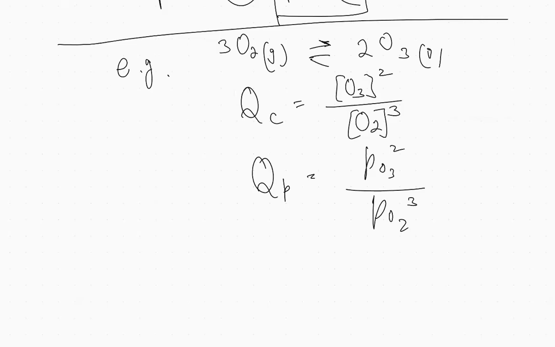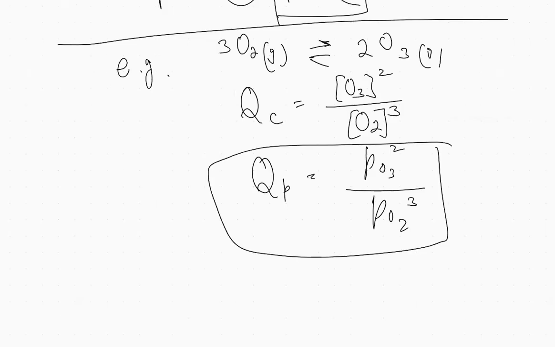So you have to understand it's always the concentration of products over the concentration of reactants. We get Qc, the reaction quotient. But if it is in equilibrium, then we use the letter K, and it will be Kc if it is in concentration terms, Kp if it is in partial pressure terms.